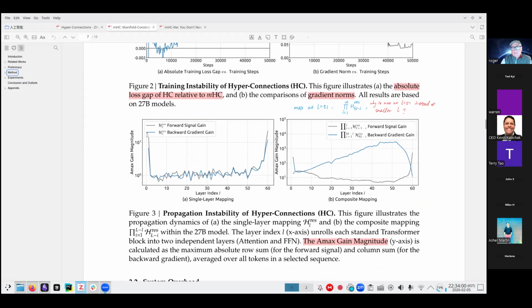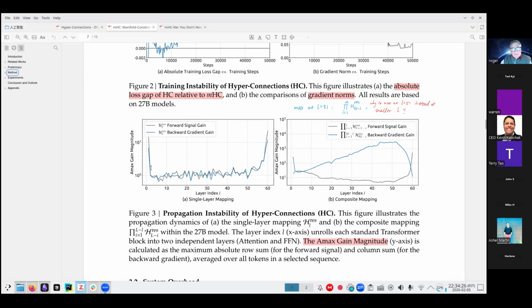They calculate the HRES. This is for a single layer, HRES for a single layer, and this is HRES multiplied across layers. They are saying that this Amax gain, I think, is just the norm of the matrix.